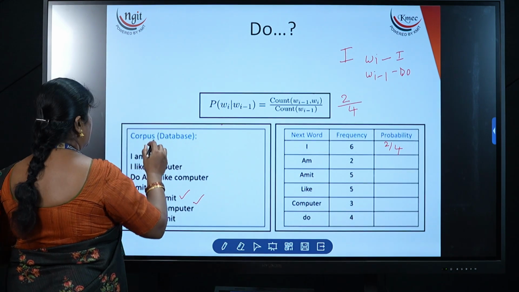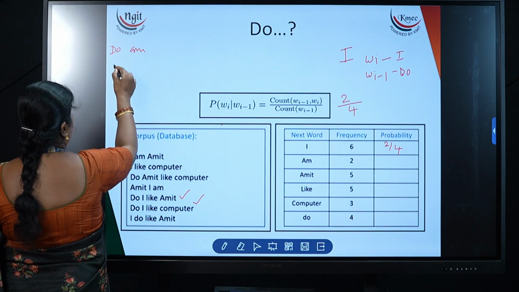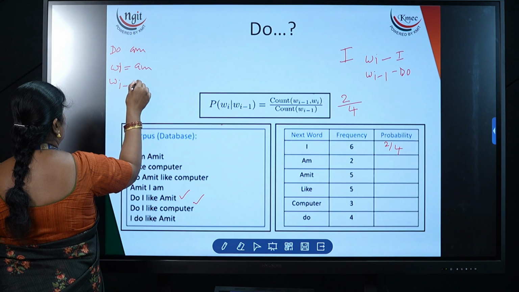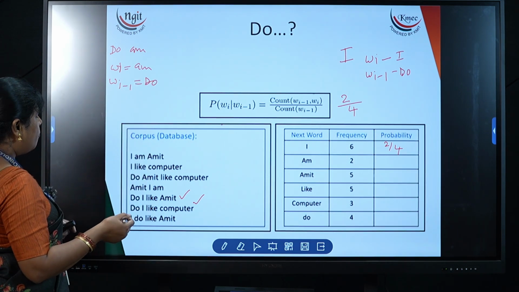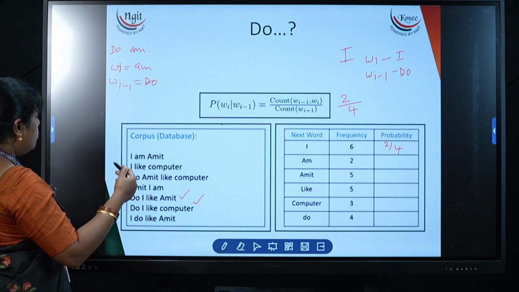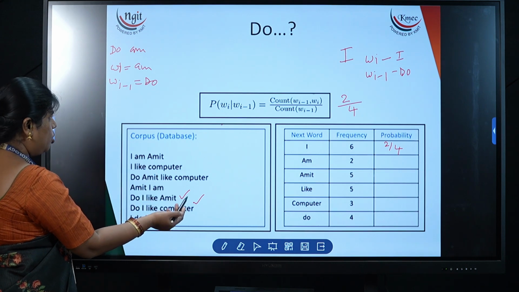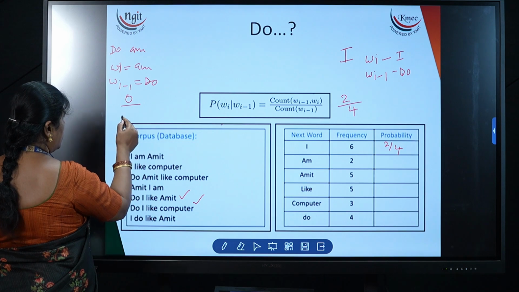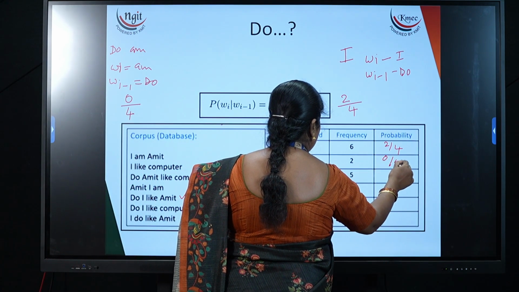When I say "M", then wi becomes "M" and wi minus 1 becomes "do". Is there any sentence with "do" followed by "M"? No. So 0 divided by the count of "do", 4. So here you will get 0 by 4.